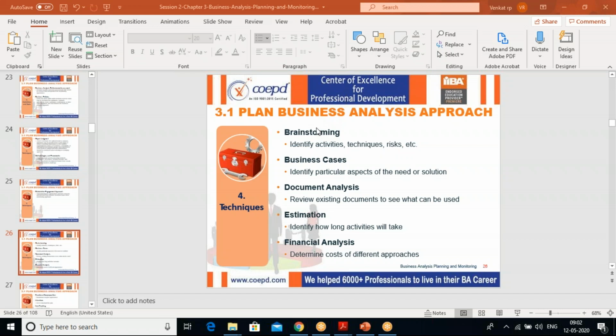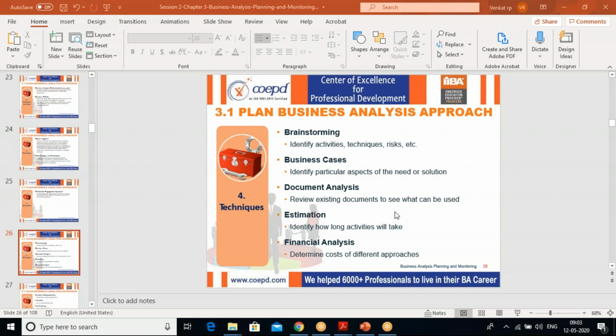And business case means what is the need. Actually, in business cases the needs are being discussed, what is the need and what will be the approach and what will be the solution that is given in a business case. So business cases you can consider. Document analysis, because most of the time your requirements or the procedures or the methodologies are given through documents only. And then estimations means, to do these particular business analysis activities, how much time it is going to take, that we have to understand.